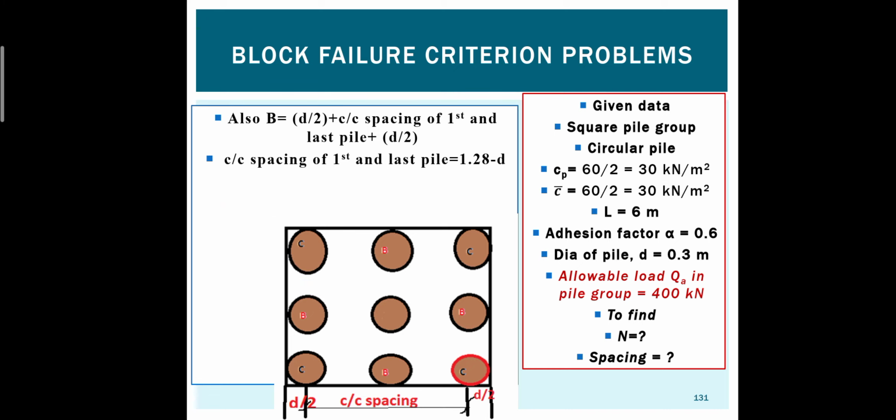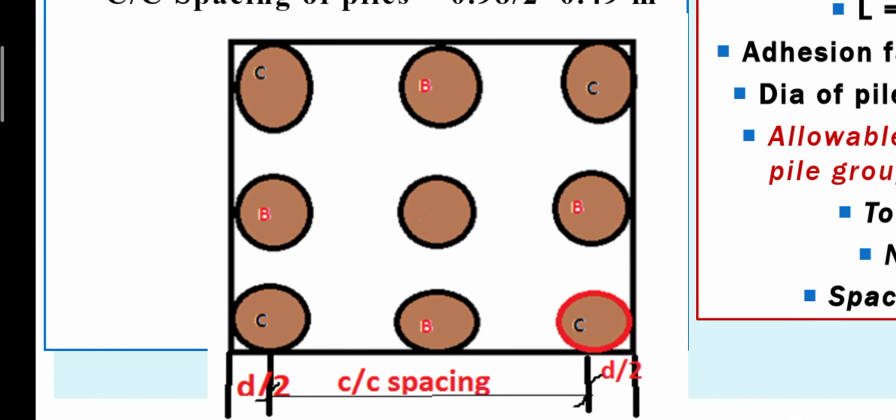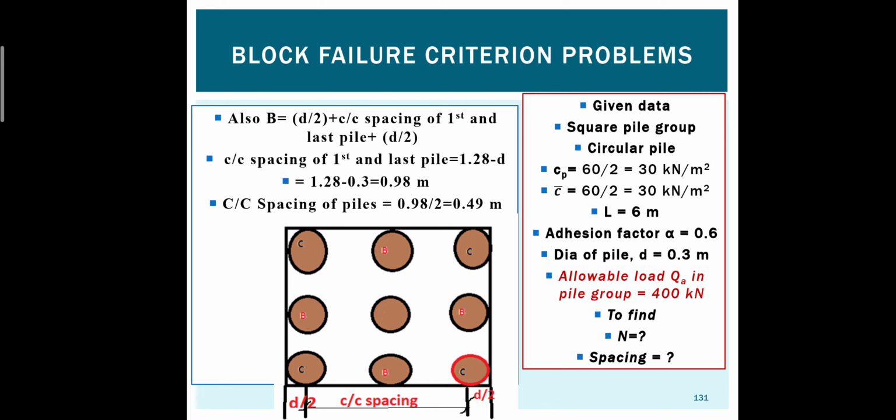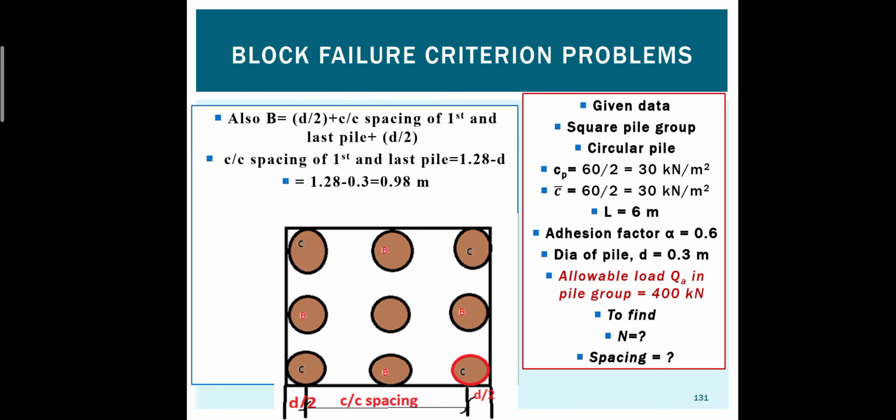So now we can find the center to center spacing of the first and last pile: 1.28 minus 0.3, that gives you 0.98 meter. So the center to center spacing of the first and the last pile, you can see in the picture, is 0.98 meter. Now we have to find it between any two piles.